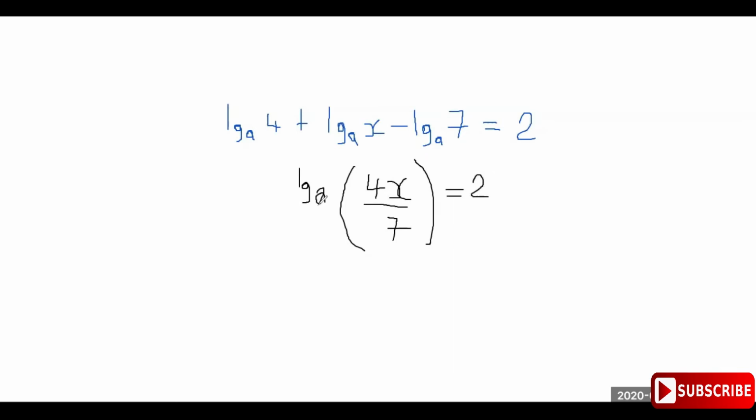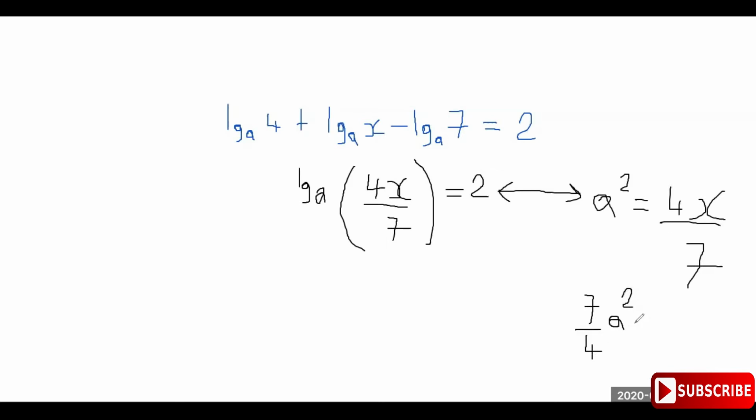All right. And then from that, there's a rule that goes with log. So if this is true, then it implies that a squared is going to be equal to 4x over 7. And so what we can then do is cross multiply the 7 and divide by the 4 to get 7 over 4 a squared. 7 over 4 a squared is equal to x.